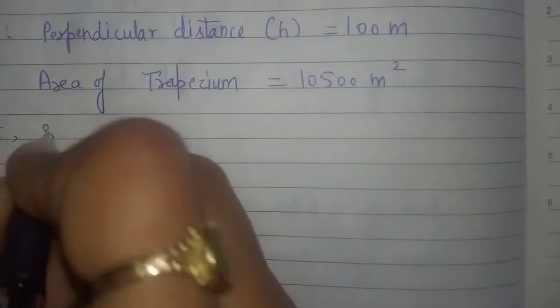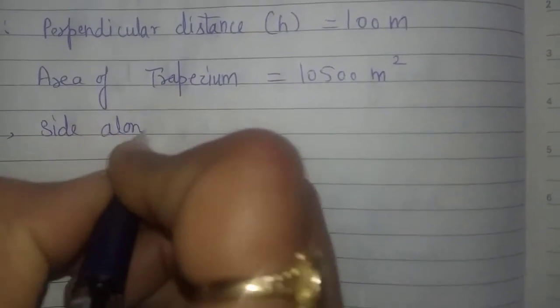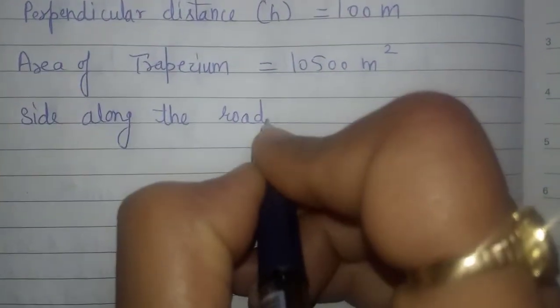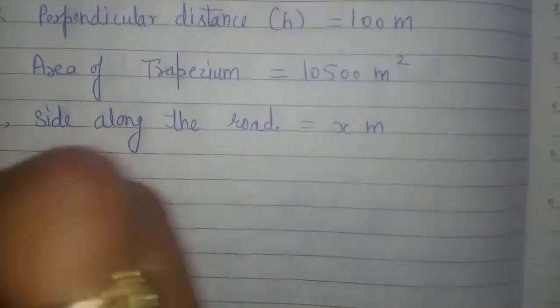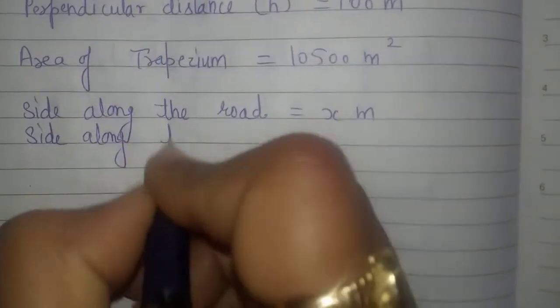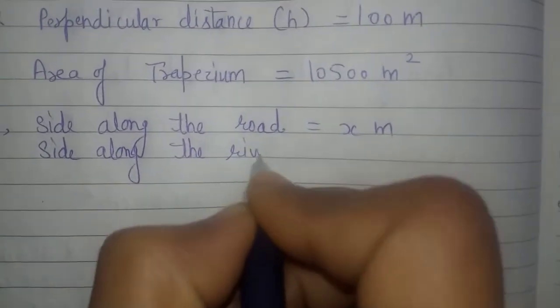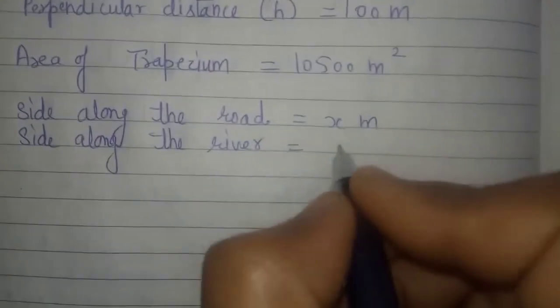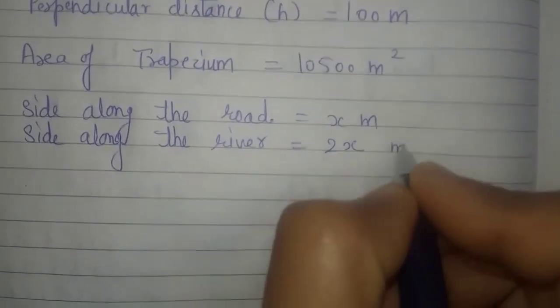Let side along the road be equal to x meter. So as given in the question, side along the river is twice the side along the road, that is 2x meter.